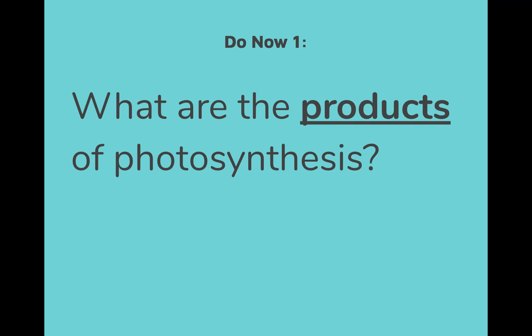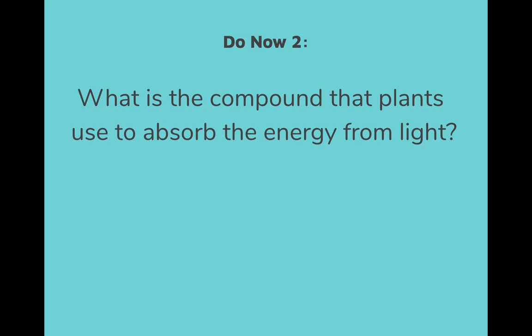And we know that glucose is the food that the plant needs in order to use energy and grow. And do now number two, the compound that plants use to absorb energy from the light is chlorophyll. Chlorophyll allows that sun energy to be absorbed and used by the plant to do the process of photosynthesis.